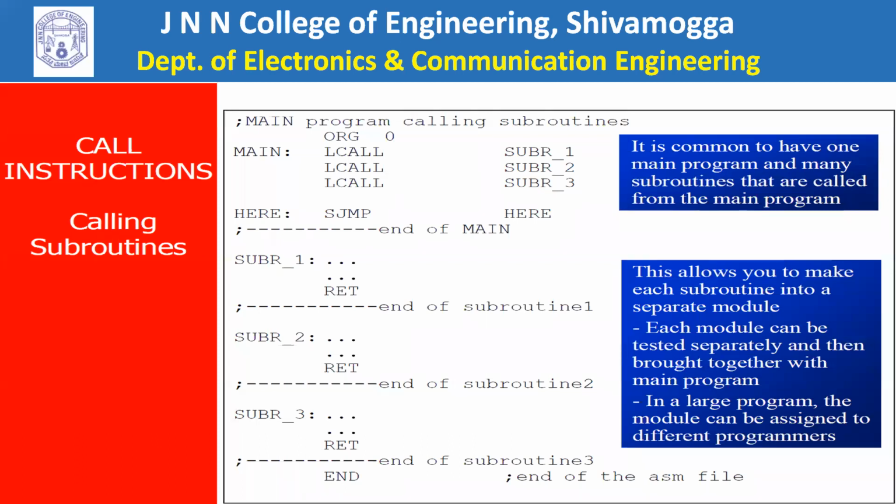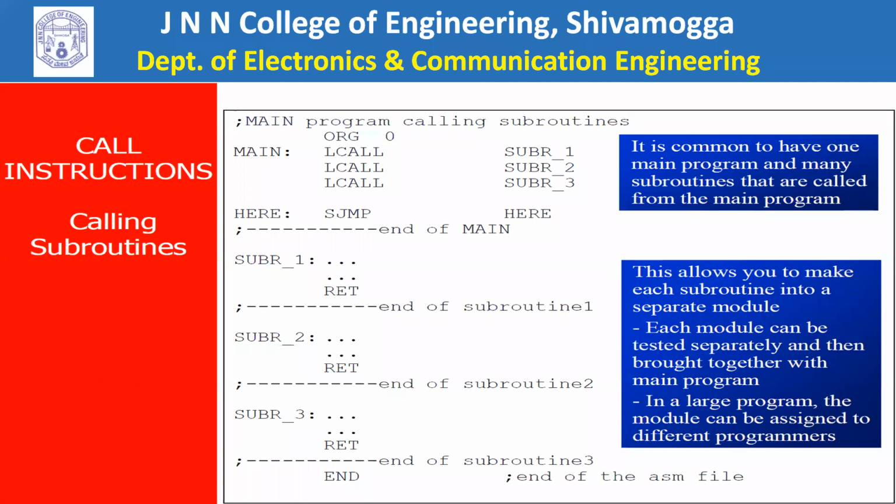You can see the content of the main program, in general, as we have seen. It just does the coordination job. It simply calls various subroutines: LCALL subroutine 1, LCALL subroutine 2, LCALL subroutine 3. It is common to have one main program and many subroutines that are called from the main program.